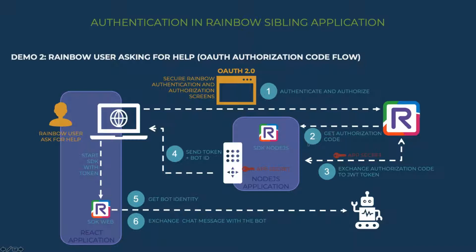Your backend will then exchange that authorization code for a real token that it will, as for the previous demo, send back to the client application, which will use it to connect to Rainbow and, as in the previous demo, get the bot identity and exchange chat messages with the bot. So steps 4 to 6 are exactly the same as for the previous demo.